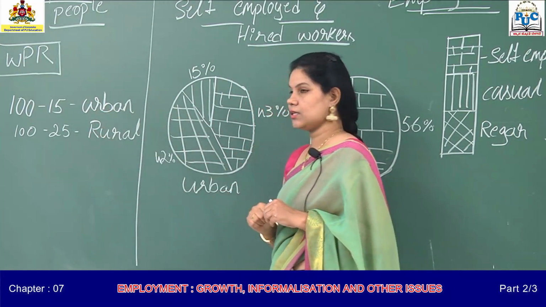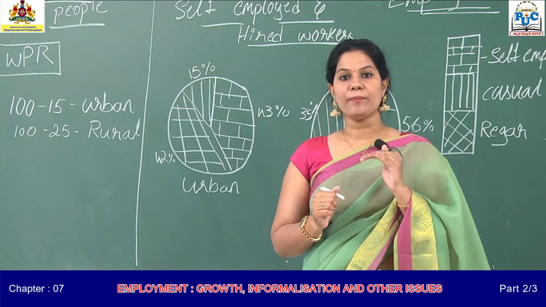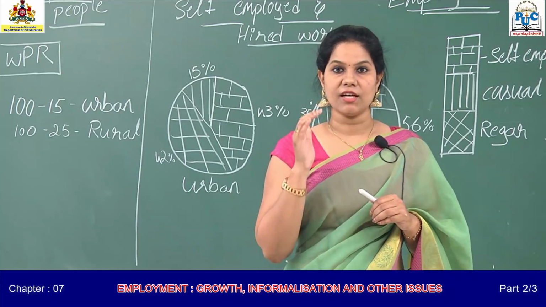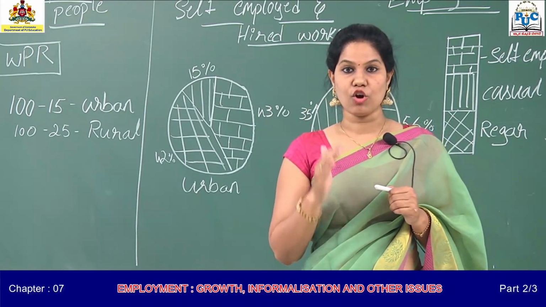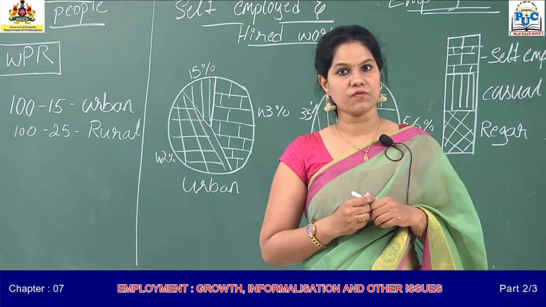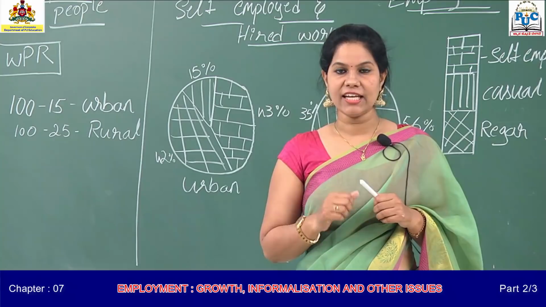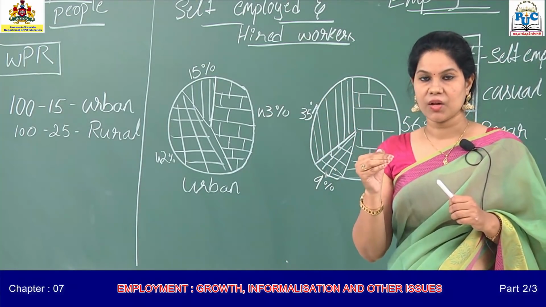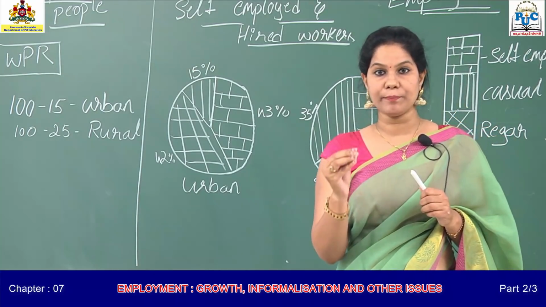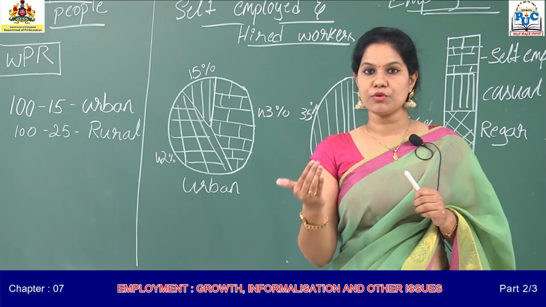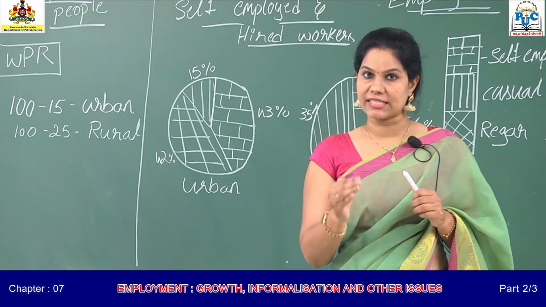If the working population ratio is higher, that means more people are employed and their contribution to the national income is high, which is a very positive thing. On the other side, if the worker population ratio is less, whether in rural or urban areas, employment is less.